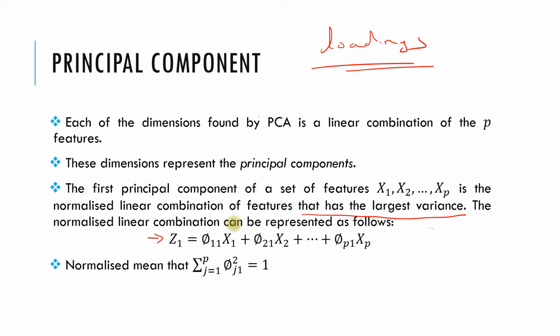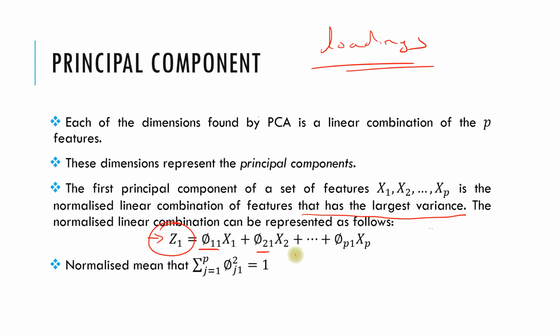We have to put a certain constraint that you see there, and this constraint acts as a normalization. The idea behind the normalization is that we do not want to make use of large values of phi that will make the variance of Z1 large.